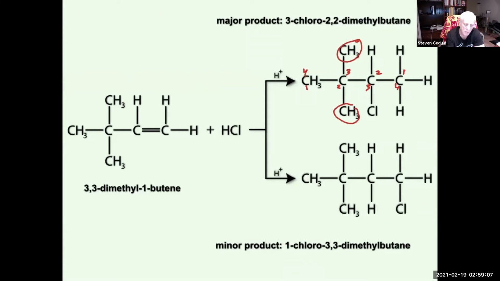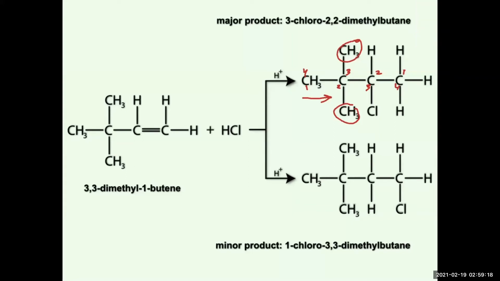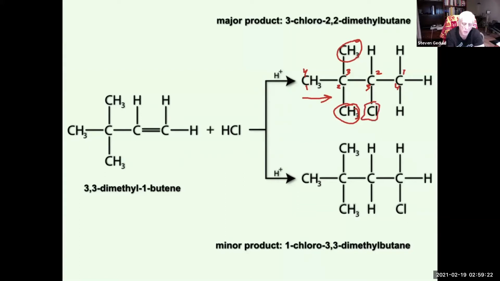So you number this one left to right. Does that make sense? You're going this direction because you'd have 2 substituents at number 2, 1 substituent at number 3. So the lowest possible combination is putting chlorine at number 3 and 2,2-dimethyl. But if we number the other way, the lowest number is number 1 here for the chlorine group.